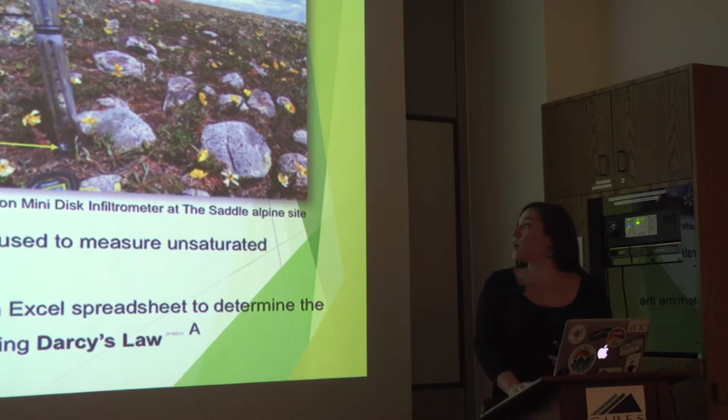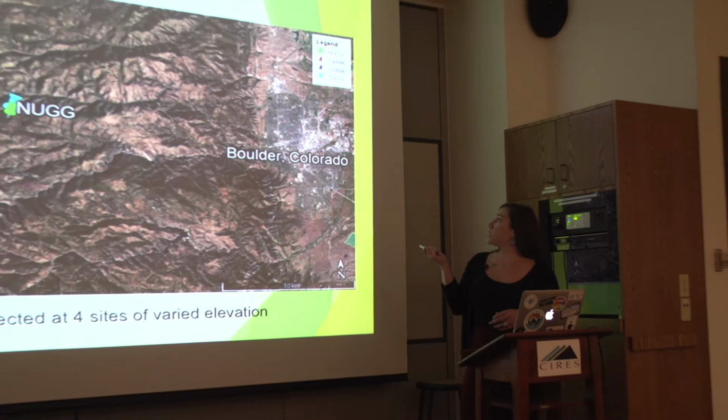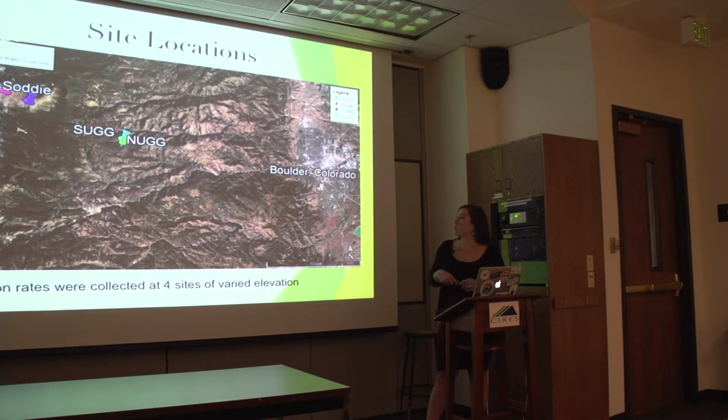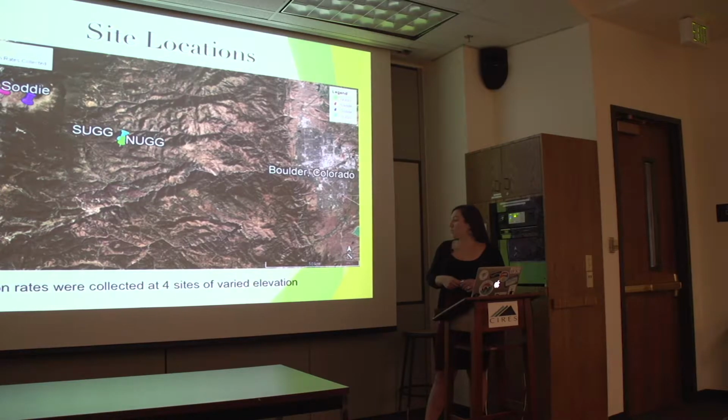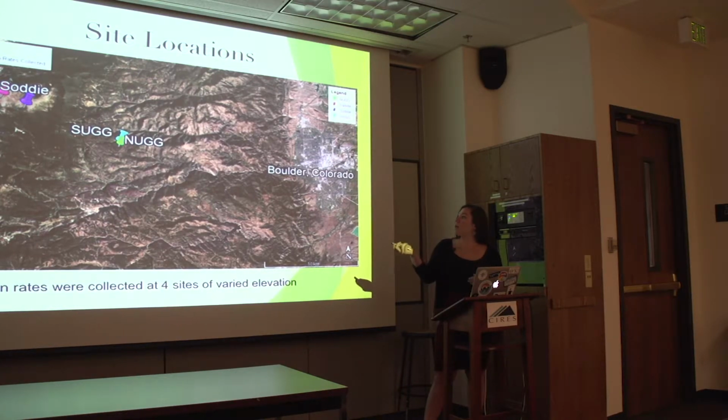And these are my locations just west of Boulder, Colorado. My lowest elevations are in Gordon Gulch, Sug and Nug, and these four sites are at various elevations. Subalpine, the Sadi, and the alpine site is in the Saddle. The Gordon Gulch sites are part of the CZO, and Niwot Ridge is the Saddle and Sadi sites of the LTER.